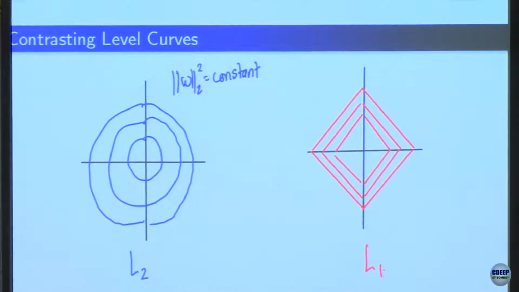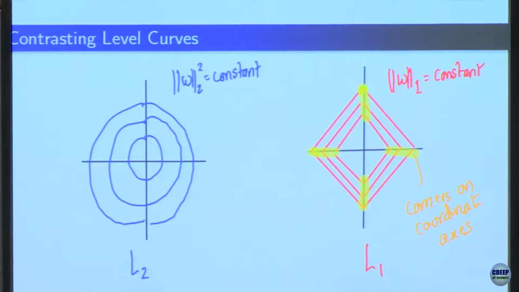Okay, this is L1, the one norm is constant, and what we observe are these corners. And this means a lot to us because there is a tendency now for parameters to have some zero components.